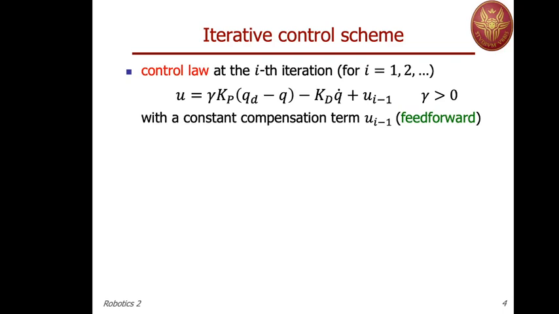And this is the first modification. The second modification is that we add a factor gamma to the proportional matrix gain. This gamma is a simple scalar that we take as positive.